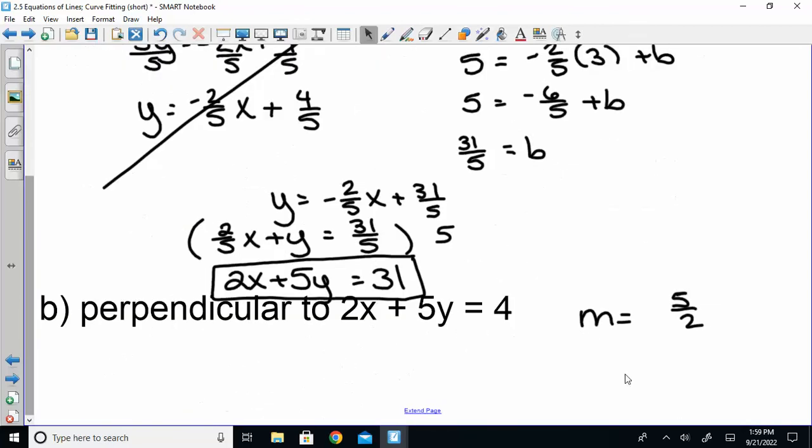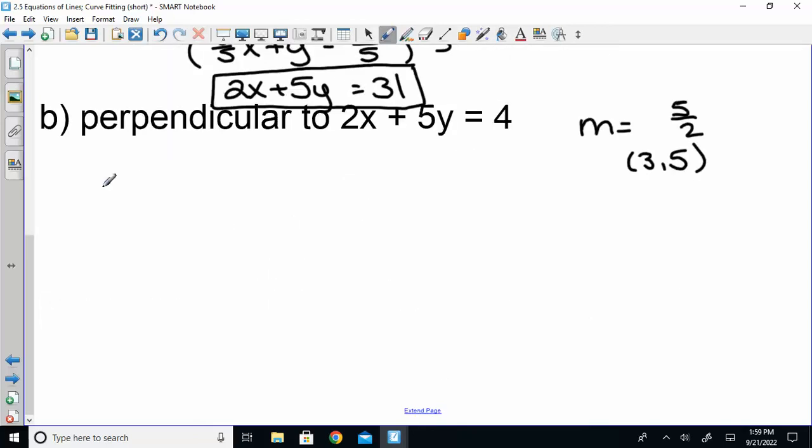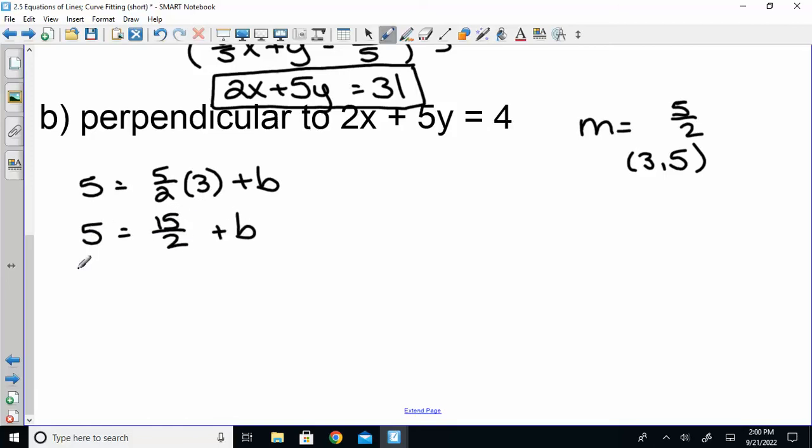We're still going through the point (3, 5). So, plug into your equation. We have to subtract that over, so you get -5/2 for the y-intercept.